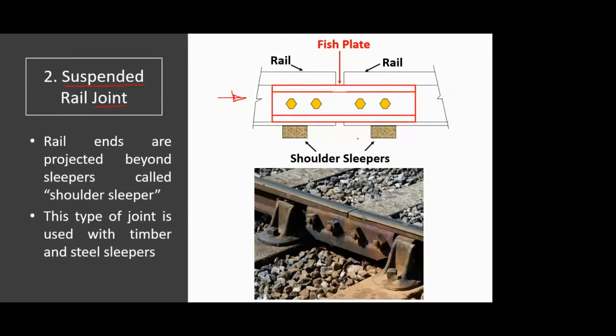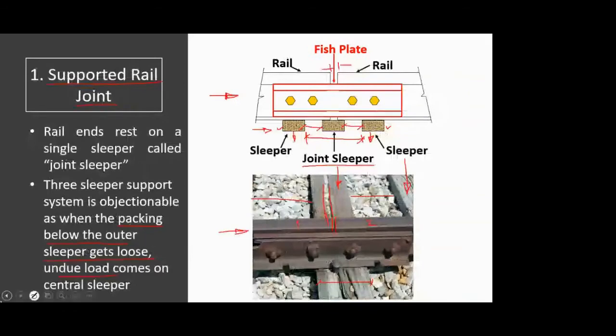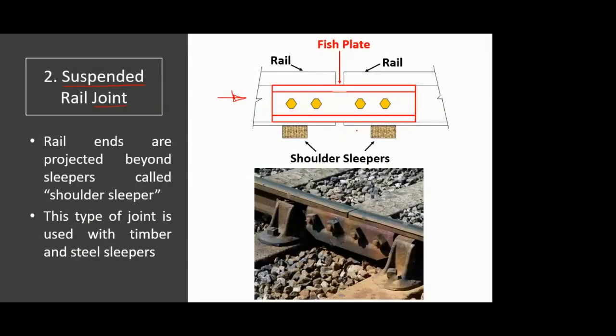The main reason for keeping it suspended is the demerit that we have seen in the case of a supported rail joint, that the central sleeper tends to get damaged a lot. So what they have done is take the sleepers a little bit nearer to this gap.